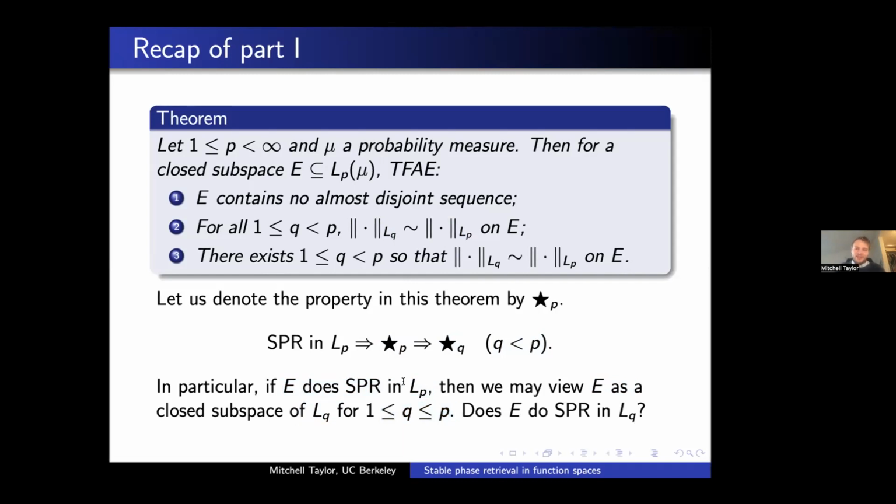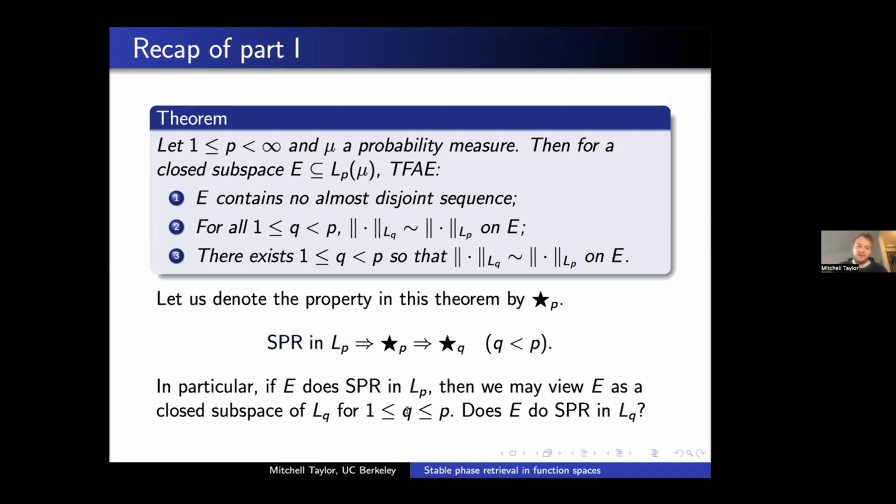a natural question that Dan asked in the last talk is, well, we have this implication here that no normalized almost disjoint sequence in LP implies no normalized almost disjoint sequence in LQ. Is the same fact true for SPR? So is it true that if I lack almost disjoint pairs in LP, that I also lack almost disjoint pairs in LQ?